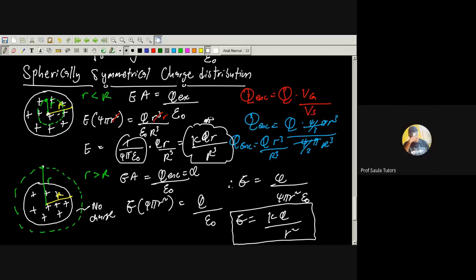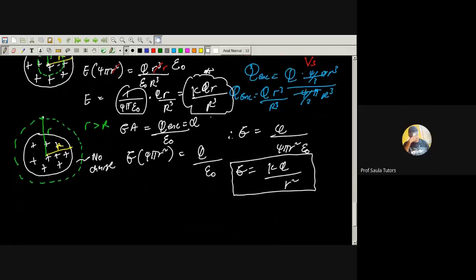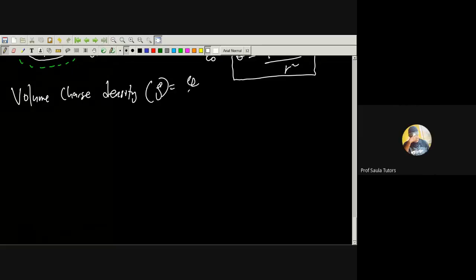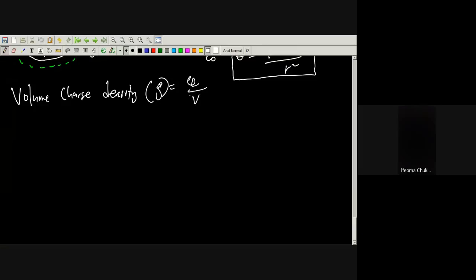Now, I have something to do again. Pay attention. Assuming you were given the volume charge density, this volume charge density is given as rho, and the formula is Q over volume. We have done this thing before, right?